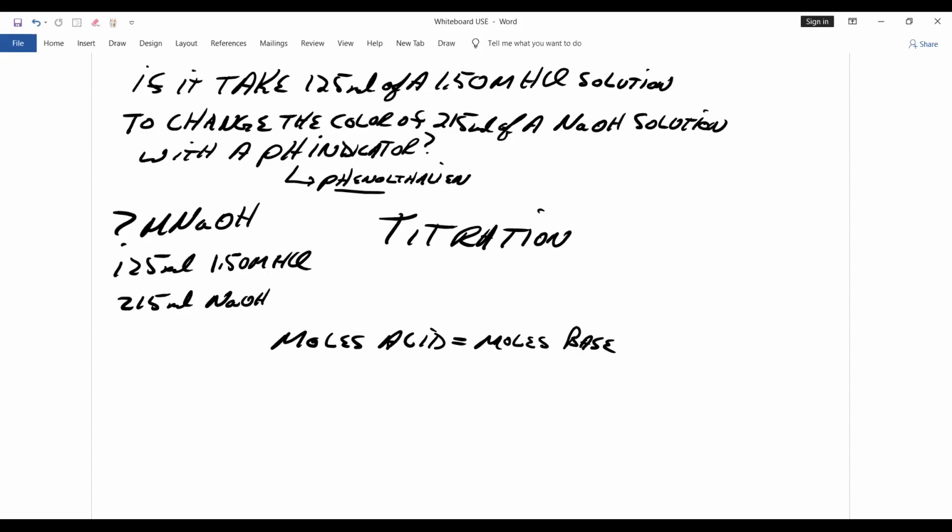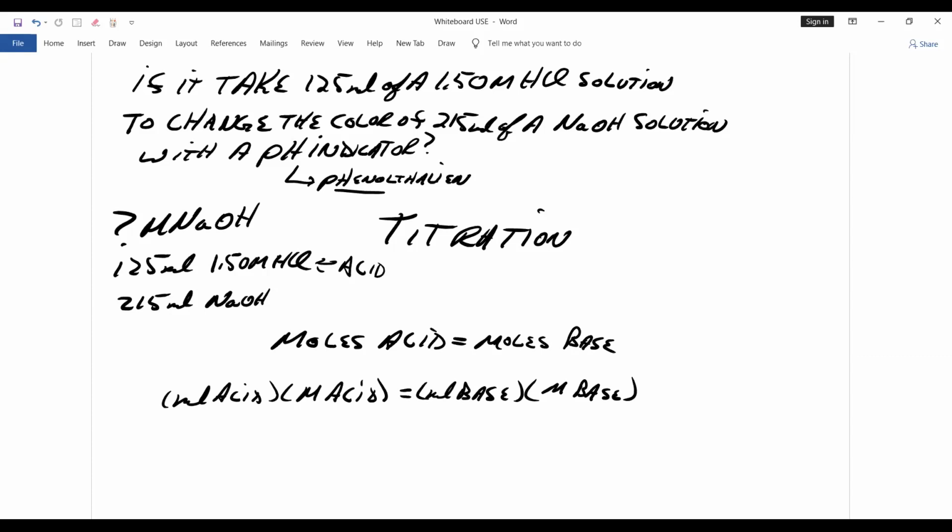And you also know from this that milliliters of acid times molarity of acid, by the way, I've streamlined this for you, equals milliliters of base times molarity of base. Now, you should know this is an acid and this is a base.